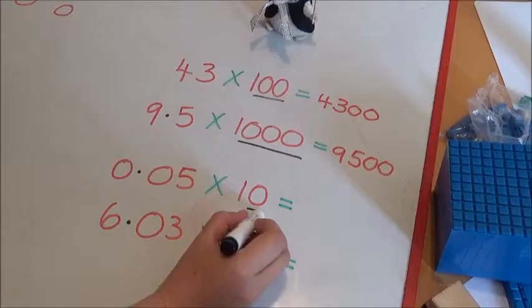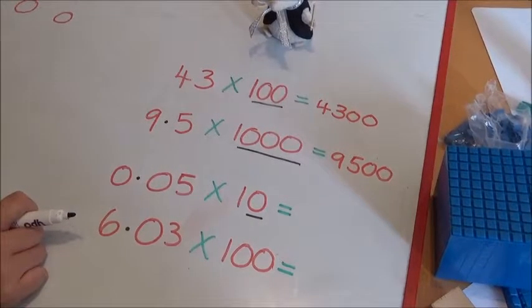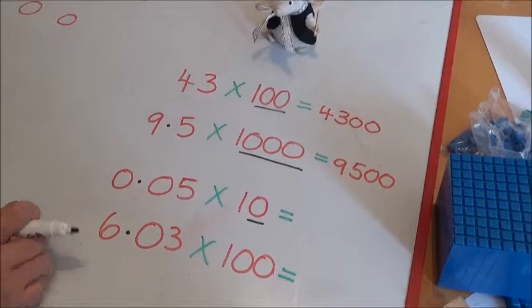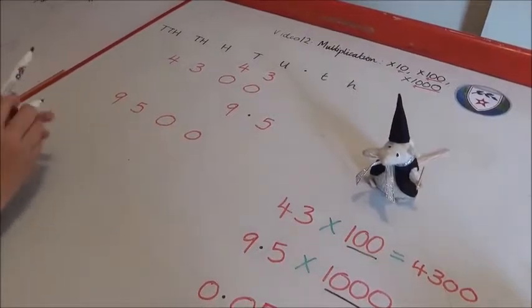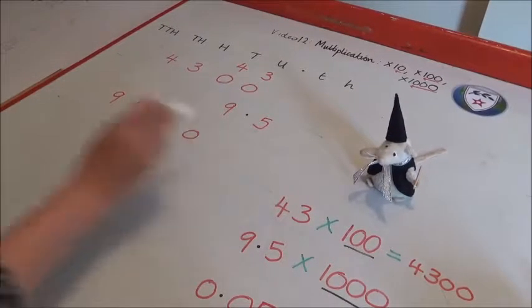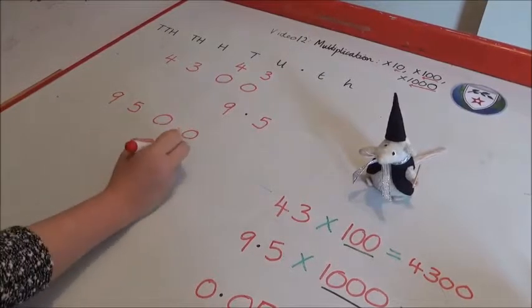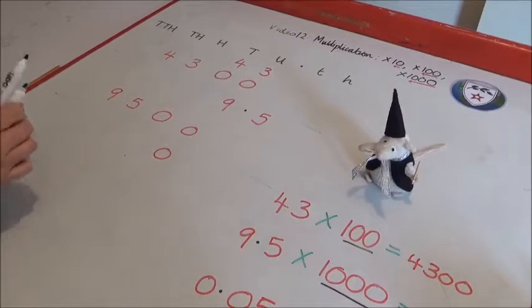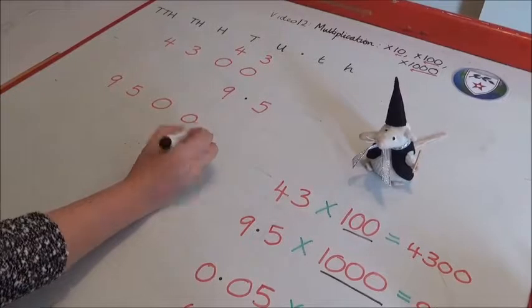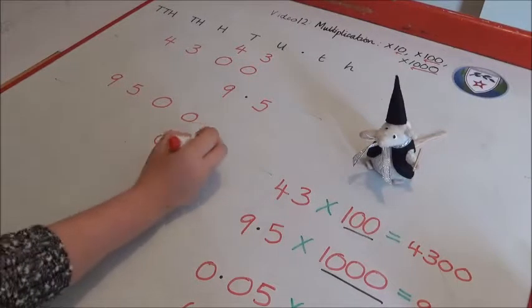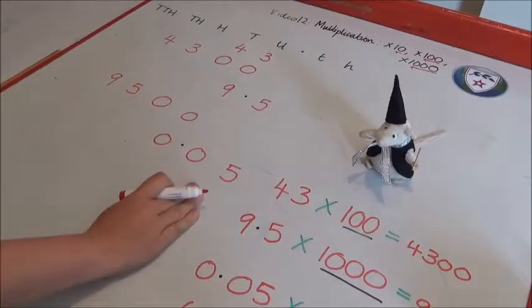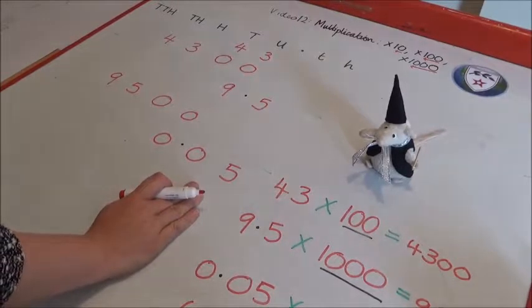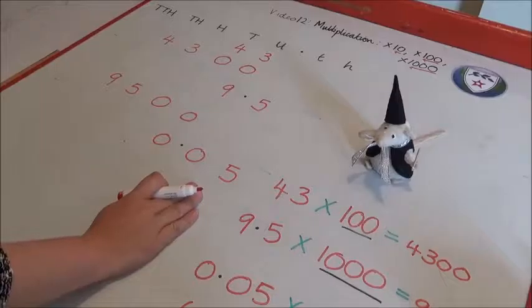The next question, we're timesing it by 10. So we're going to move up the place value position just 1 place. We're going to make it 10 times bigger. So I've got 0.05. Making that 10 times bigger, I'm going to move it up the place value position 1 place.